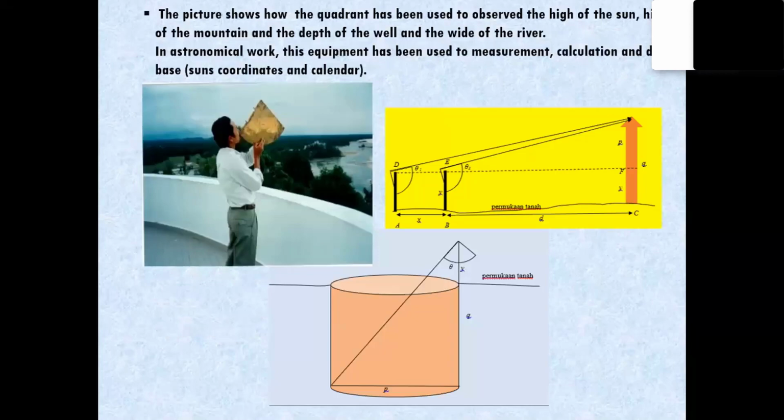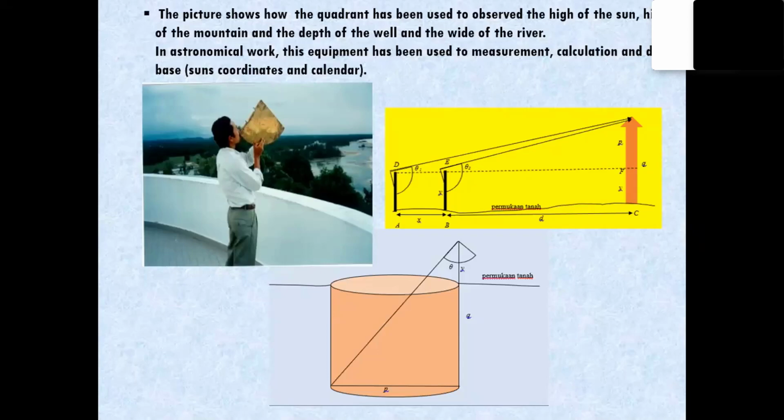This instrument can also be used to observe the height of the sun, and to measure the height of a mountain and the depth of a well for daily work.